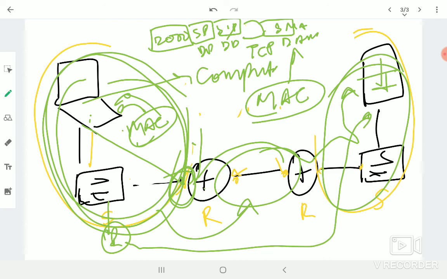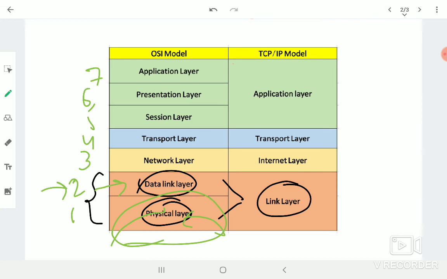So MAC address will help us to find out the network device within the local network that can help us to reach the end server, right? So this is how the entire communication happens with the help of TCP IP model or the OSI model.